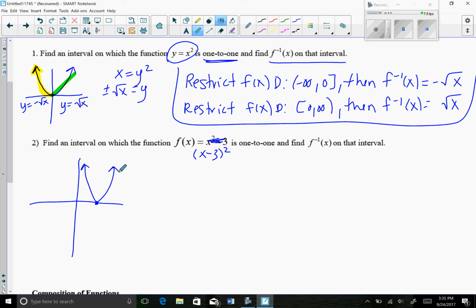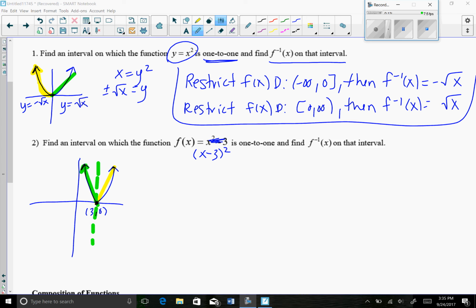So this is my function, and I've now moved the vertex to 3, 0. Then if I wanted to restrict those values, I could restrict it to this side, or I could do this side.